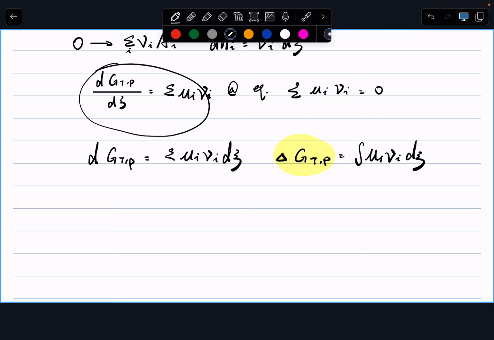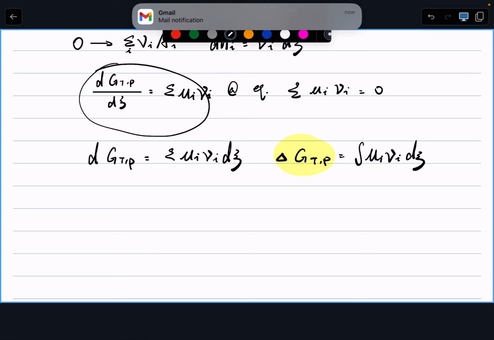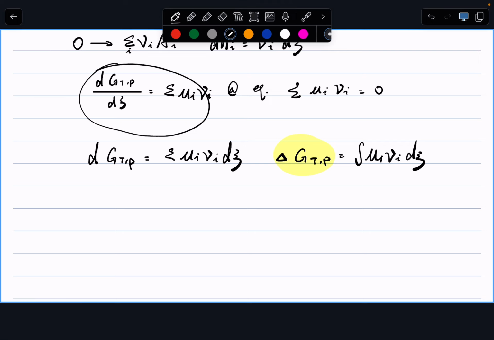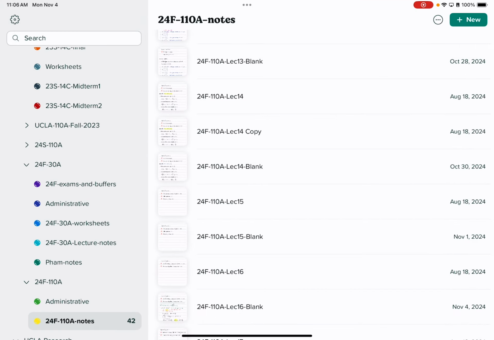To do that, we'll talk about, first, using the appendix thermodynamic table, and second, knowing where the numbers come from. So let me find a thermodynamic table for you.